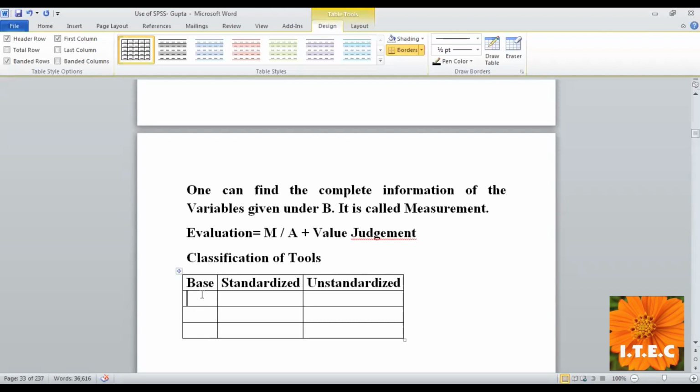So one difference between standardized and unstandardized is on the basis of preparation, the steps followed in preparation.